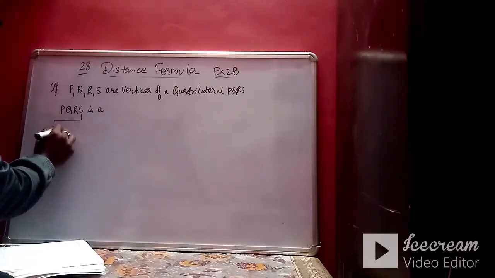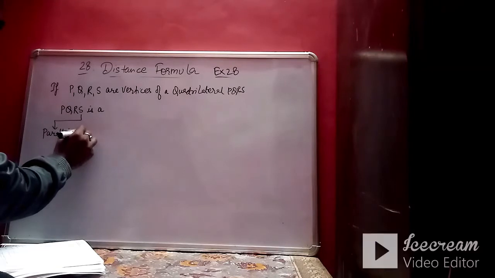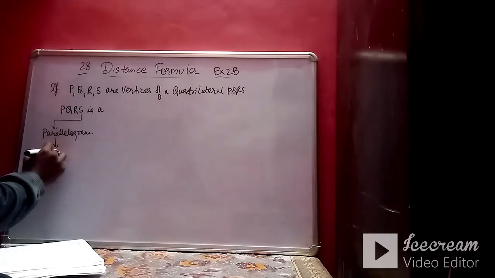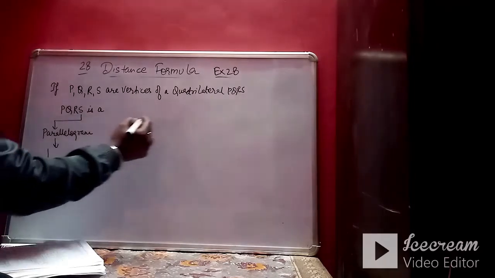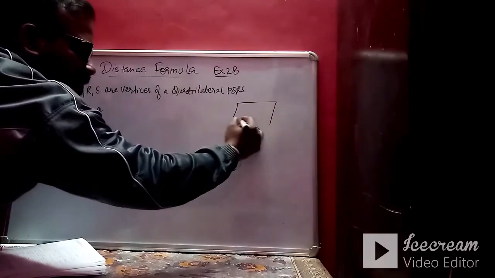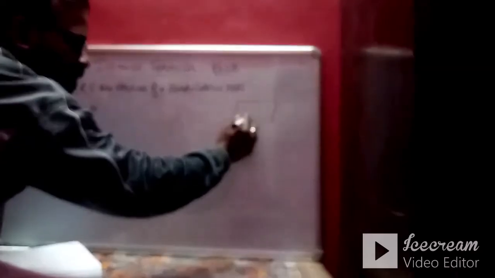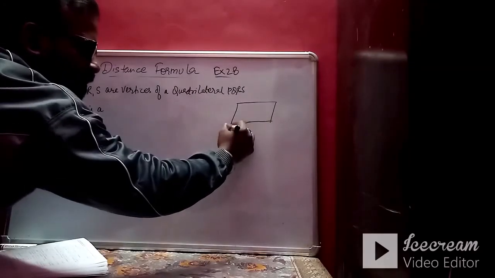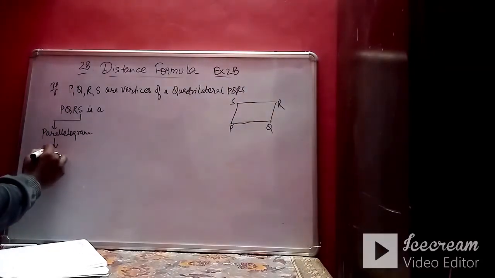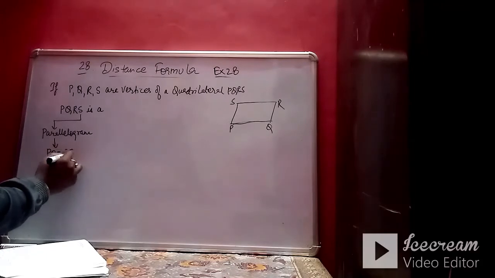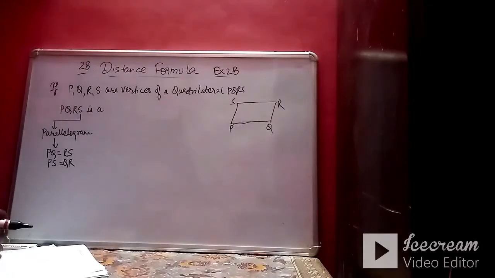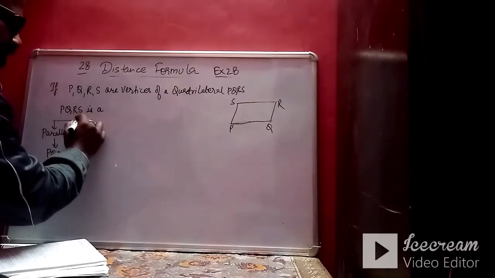If you want to prove that these are the vertices of a parallelogram, then what you have to prove? You have to prove opposite sides are equal. So suppose this is our parallelogram. So if we can prove PQ equal to RS and PS equal to QR, then it becomes a parallelogram.